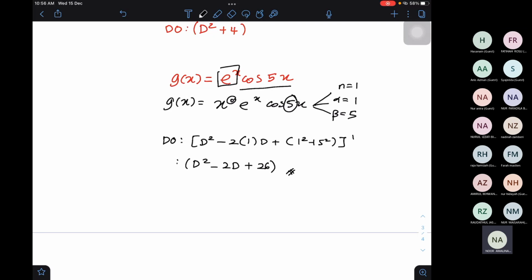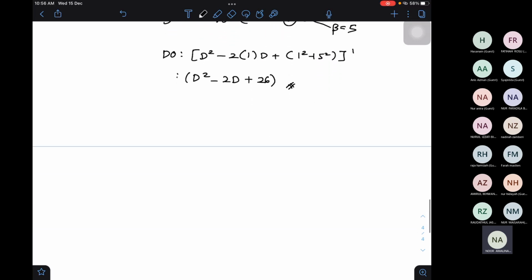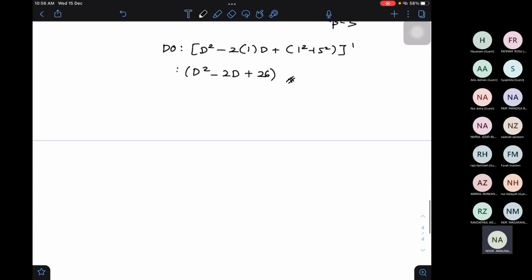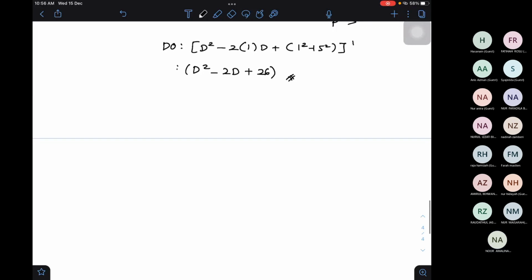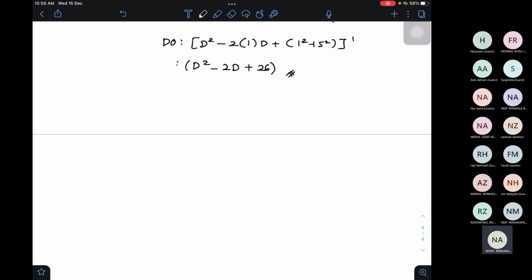So ada 3 jenis. Okay, kita tengok contoh. Let's say kita ada gx equal to 1 plus 7 exponent 2x.